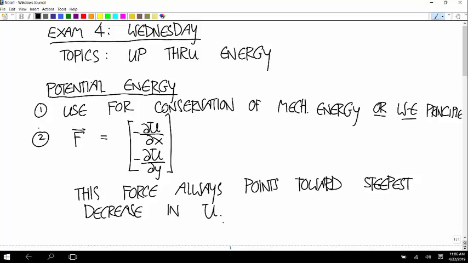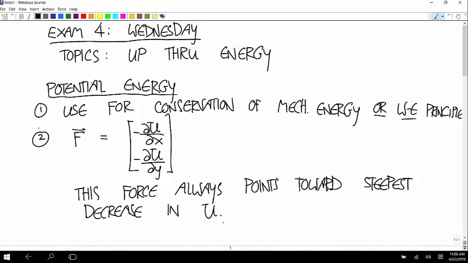The potential energy is the mass times 9.81 times the height. Okay. The negative derivative of that with respect to y is negative mg in the y direction, so that gives you the force straight down.